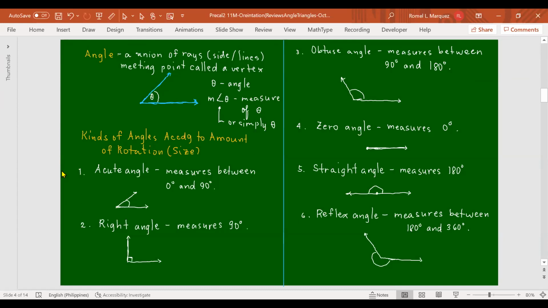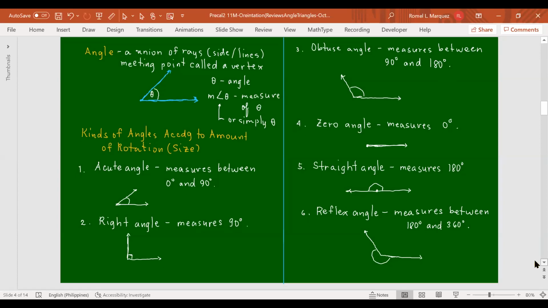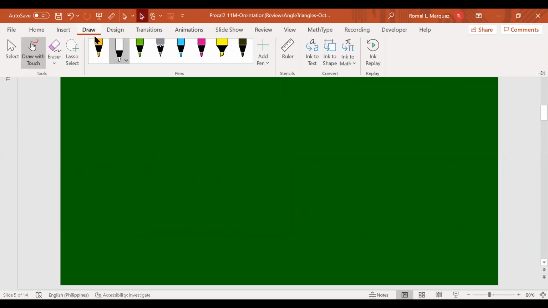If I were the teacher, I could consider his answers because the question is not really clear. It was about kinds of triangles. The student was able to think of that, so it means he can at least apply what he knows.